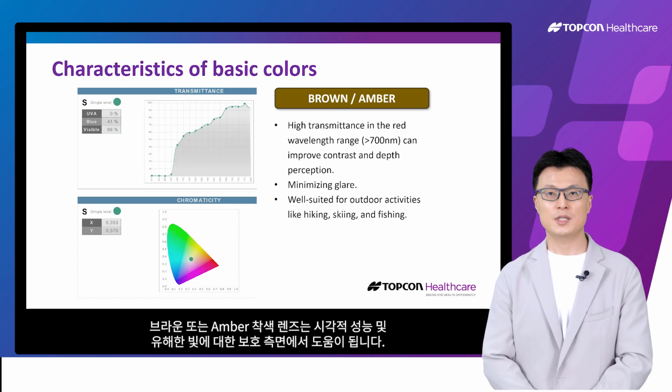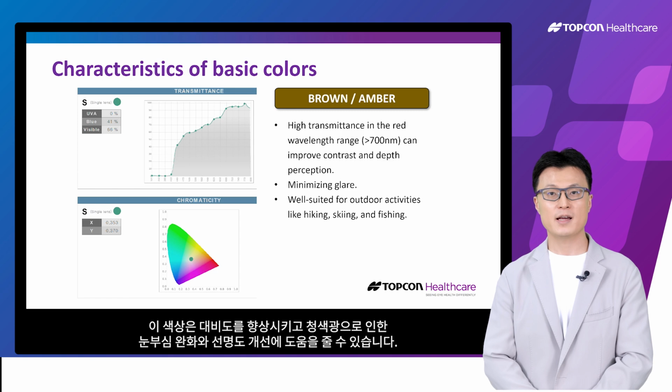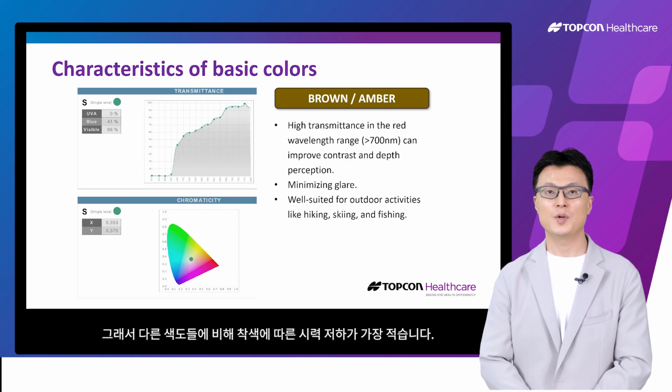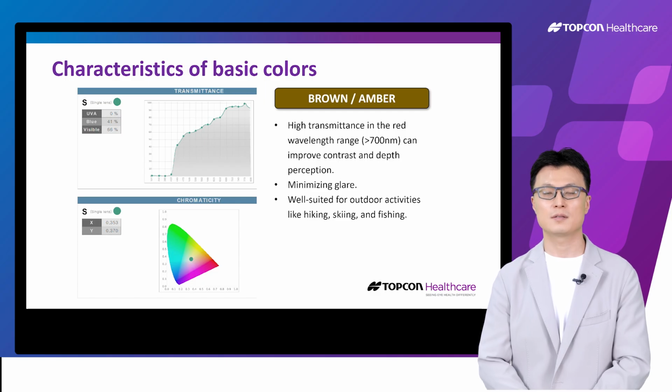Brown or amber tinted lenses can help improve visual performance and protect against harmful light. They enhance contrast, reduce glare from blue light, and provide clearer vision, meaning they typically cause the least loss of visual acuity compared to other tints.